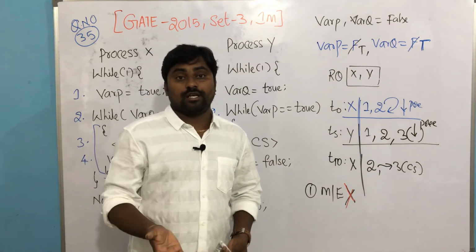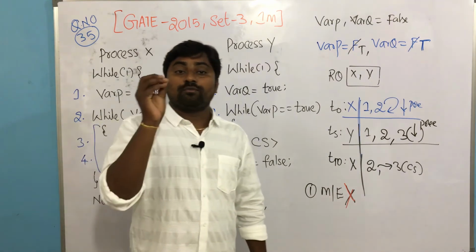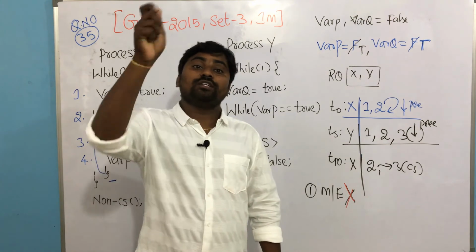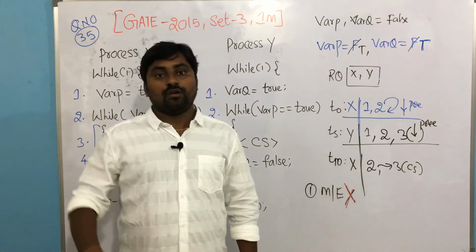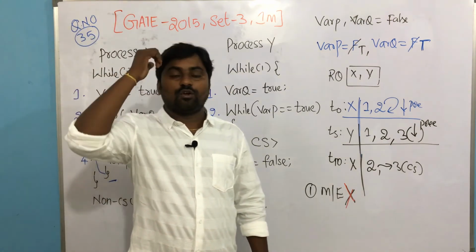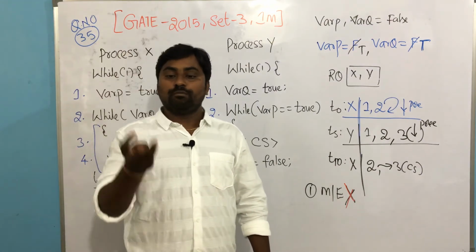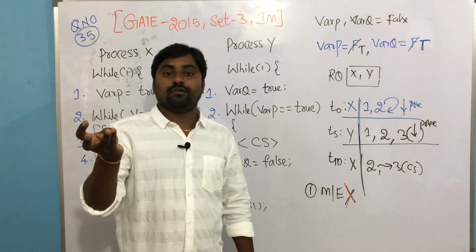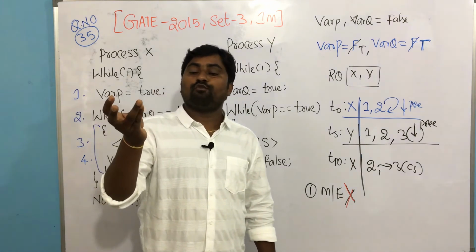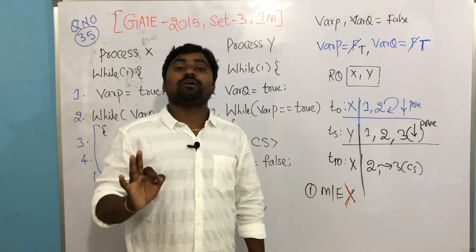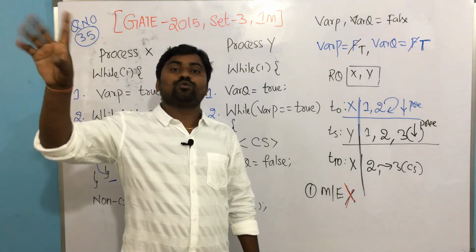Otherwise also you can understand, one of the necessary conditions for the occurrence of deadlock is mutual exclusion. You will study the definitions for deadlock. The necessary and sufficient conditions for the occurrence of deadlock are mutual exclusion, hold and wait, circular wait, and no preemption. If the 4 conditions happen simultaneously, then that leads to deadlock.